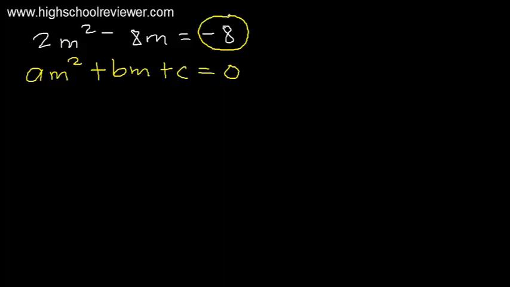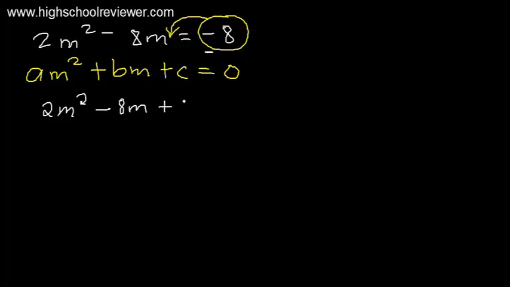So since this is on the right side, we need to combine all the terms on the left side. So we need to transpose this on the left. Transposing, we will now have 2m squared minus 8m. If we transpose negative, this will change sign.